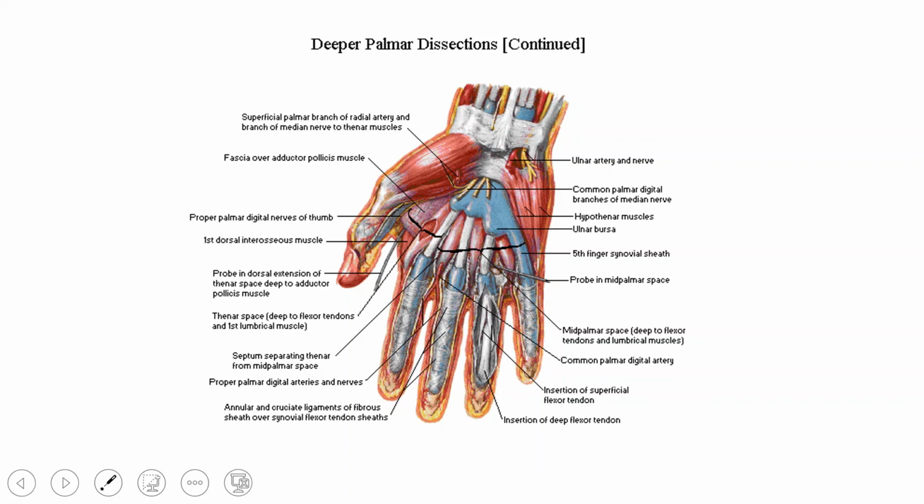The muscles of the thenar group, that is the abductor pollicis brevis, the flexor pollicis brevis and the opponens pollicis, are supplied by the deep branch of the median nerve. The adductor pollicis muscle is supplied by the deep branch of the ulnar nerve. Remember, the adductor of the thumb is supplied by the deep branch of the ulnar nerve.